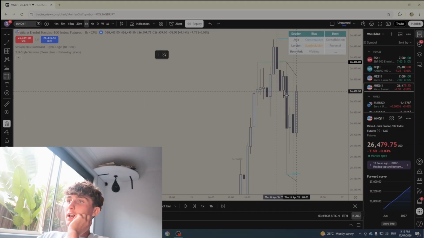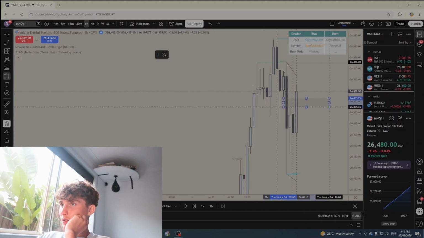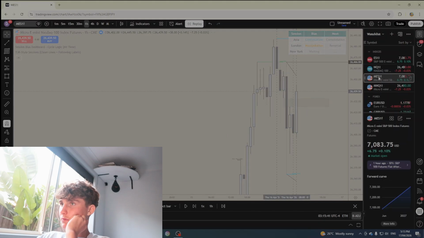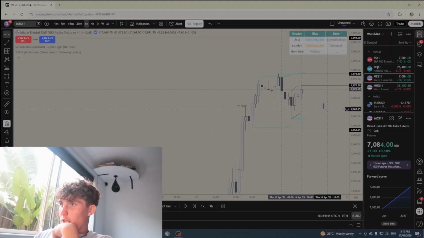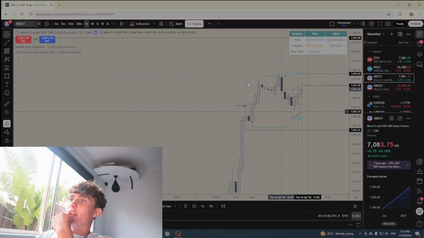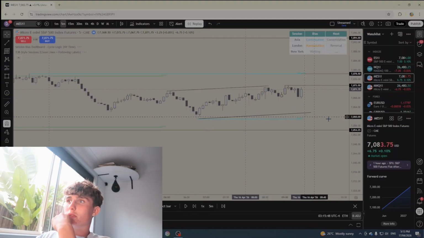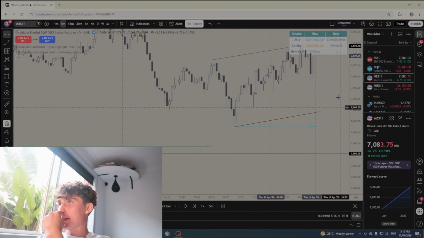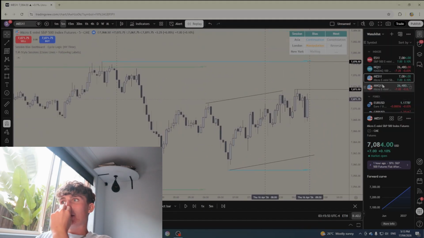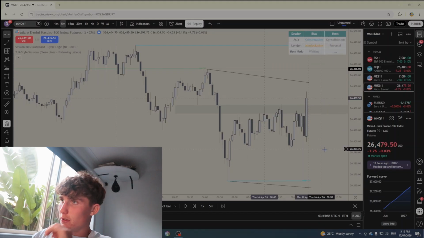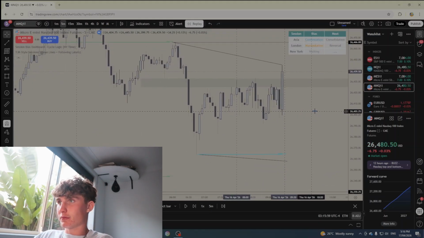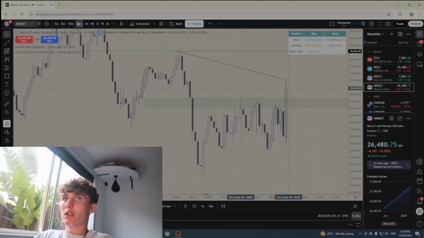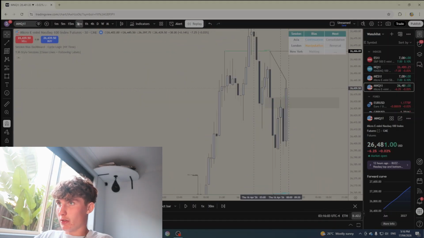By the way, that hourly is not a closed candle. We're bullish on ES, so we probably don't want to take the trade there. So hop down and look at NQ, SMT. Look at our half hourly close.